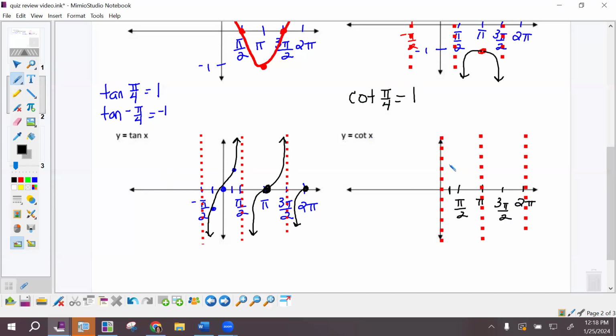So here at pi over 4, I get my y value of 1. This is at 0. So the cotangent curve is actually decreasing. So this curve is then decreasing in between each asymptote.